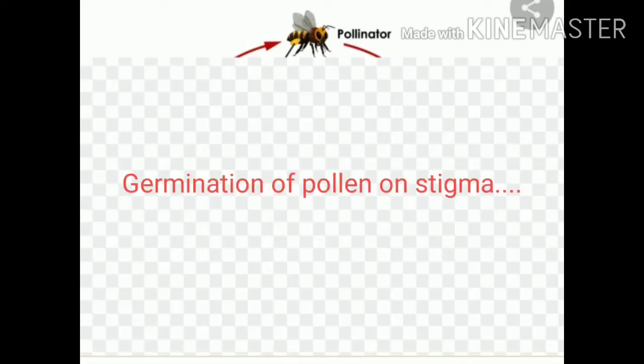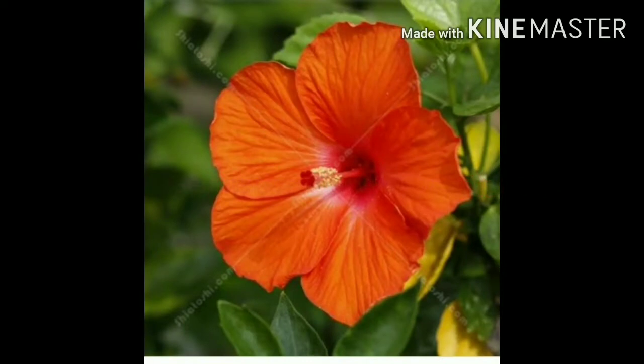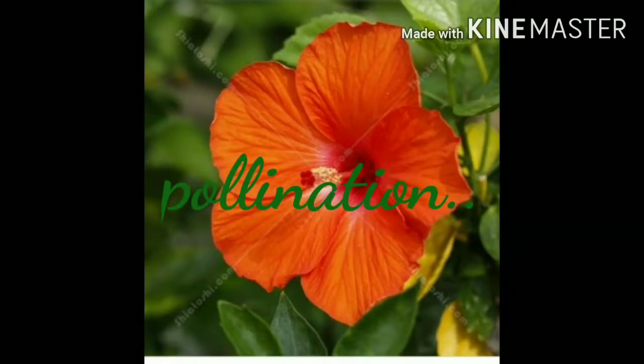Germination of pollen on stigma. Pollination is commonly defined as the process of pollen transfer from anther to stigma of the flower. There are two types of pollination: self-pollination and cross-pollination. Self-pollination is also called autogamy.